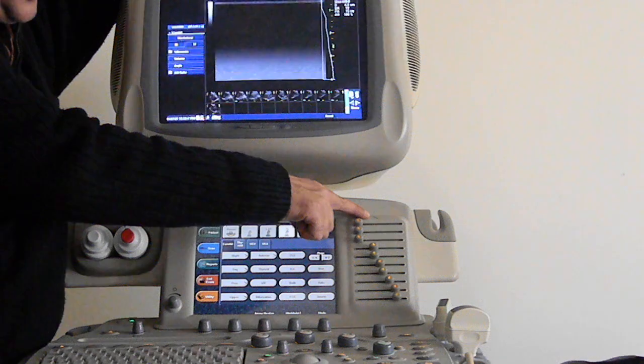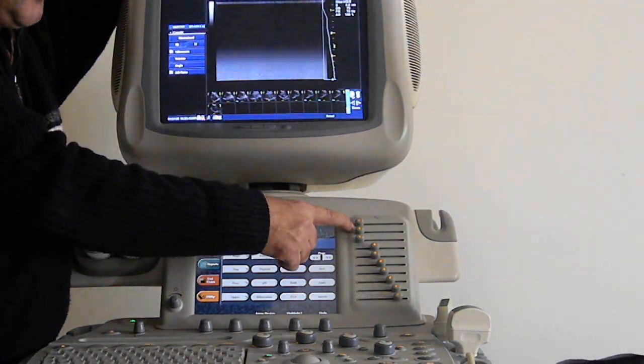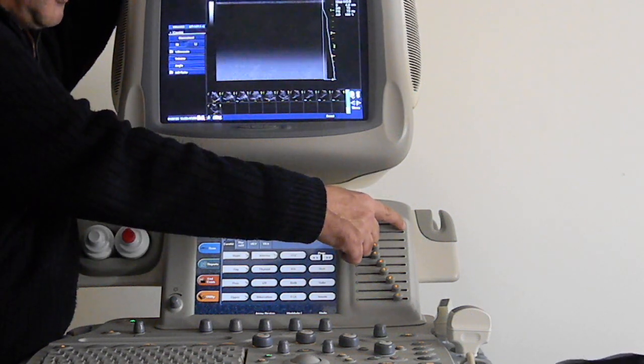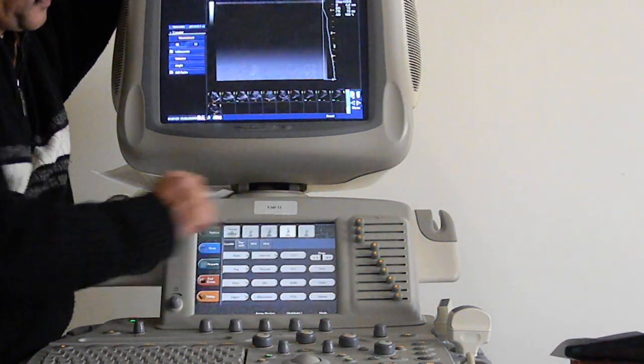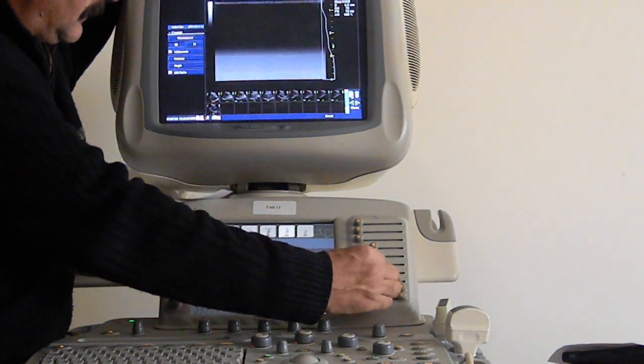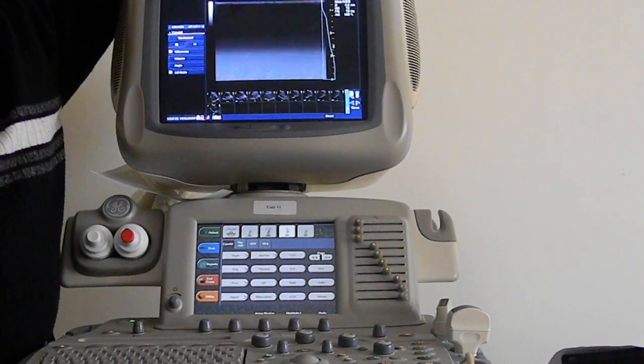So that's literally what they tell you here. This side is going to be minimum, this side here is going to be maximum, this is shallow, this is deeper, this is deeper, this is deeper. Something like this.